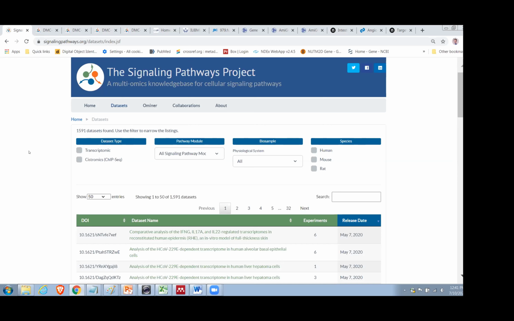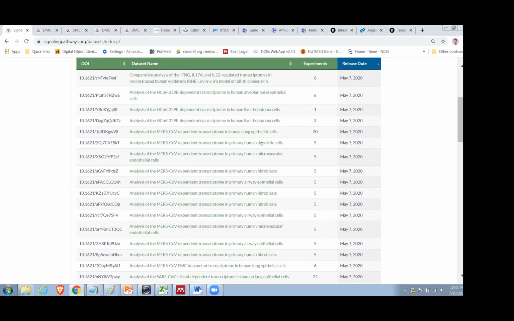And so for somebody who's new to the site, we have a section where we list all of the data sets. As you know, recently we've been focusing on annotating data sets that are relevant to coronavirus infection.